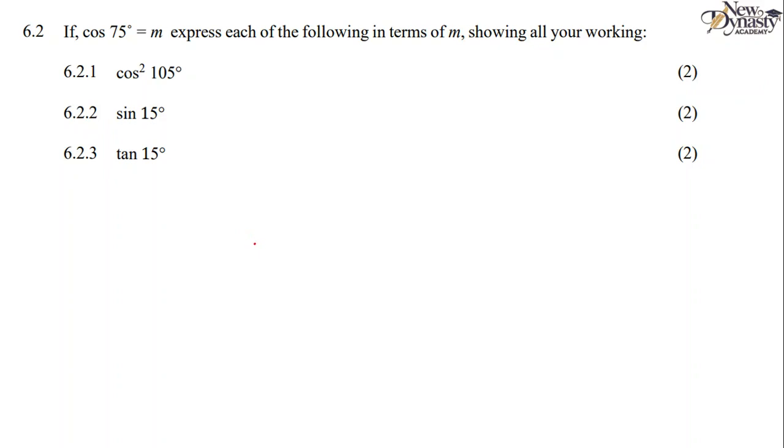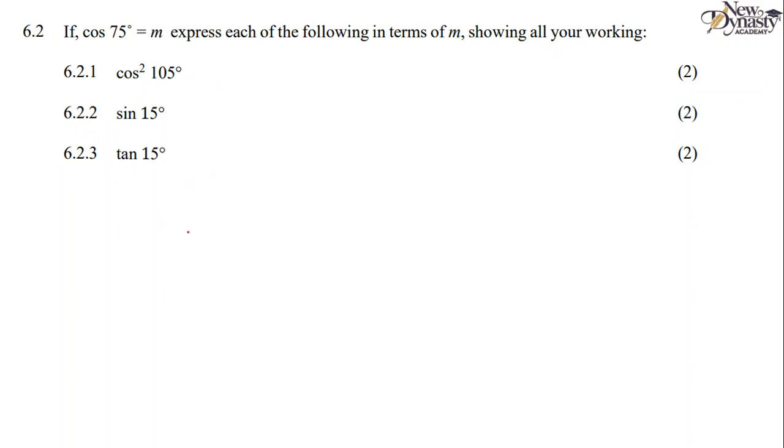The first working here is not really different from the previous one, because you still have to find out the sides of the right angle triangle. When you're dealing with these ratios, you need to find all the sides, because that's what defines these trigonometric ratios: the opposite, the adjacent, and the hypotenuse.